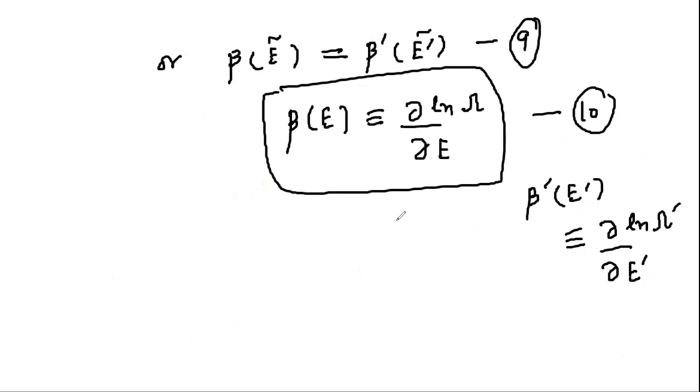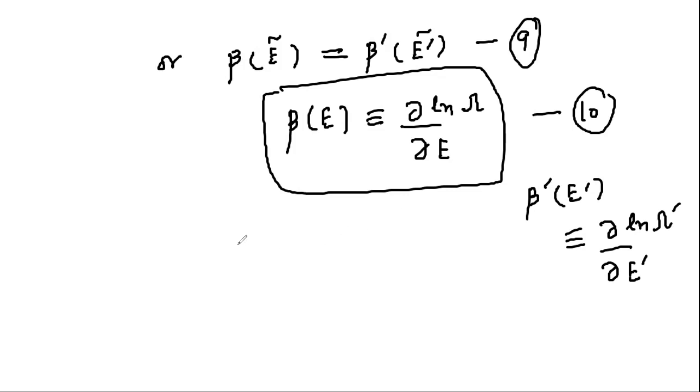Now this beta, you can see, has by definition the dimensions of reciprocal energy, because from 10 in the denominator you have energy, in the numerator you have just a number, so its dimensions will be reciprocal energy. And we define it this way.